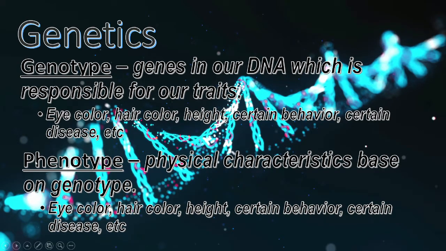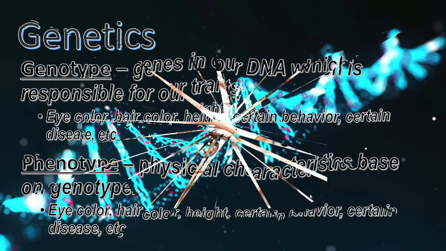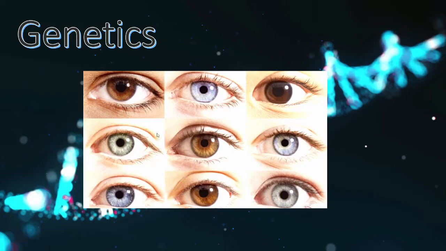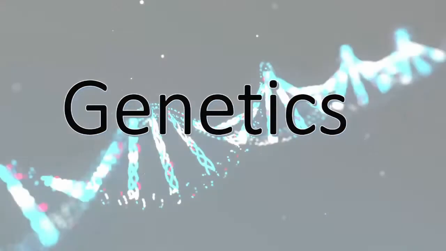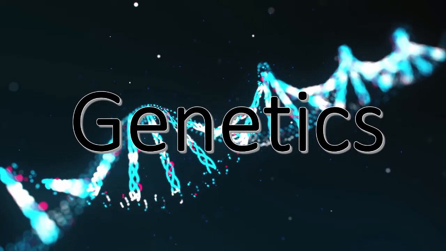So the outcome is named the phenotype, and the combination is your genotype, which is responsible for your traits. So with these combinations of genes, you will have blue eyes, brown eyes, or green eyes. Green eyes are very rare. Brown is a bit dominant. So that's how genetics works.